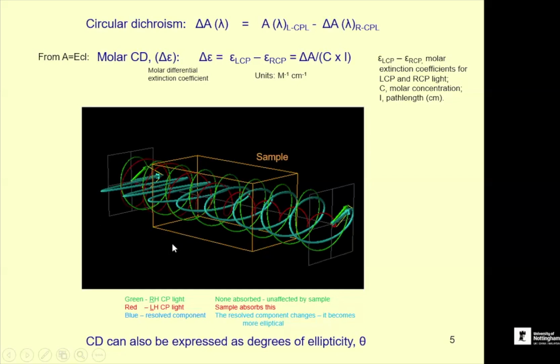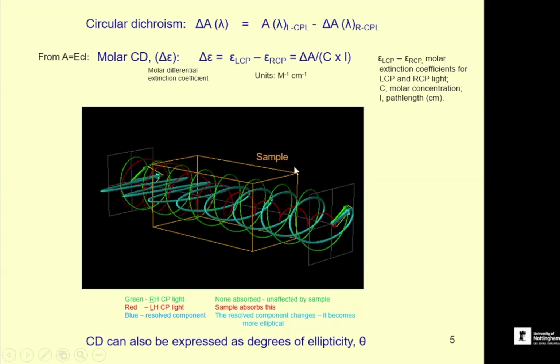And then what happens as it goes through the sample is that resolved component becomes more elliptical, as shown by the blue. So you can see that as it passes through the sample, it's becoming increasingly elliptical in shape because one or other is being absorbed more, either the red or the green.